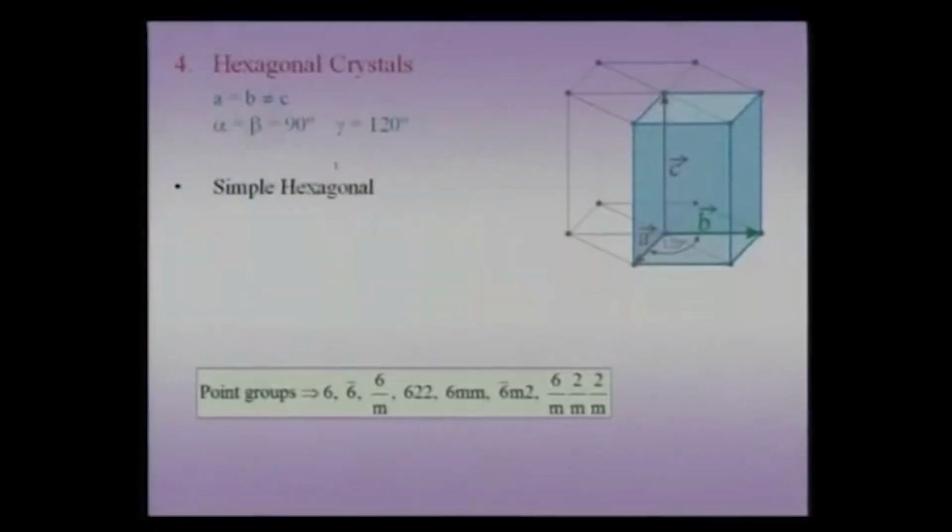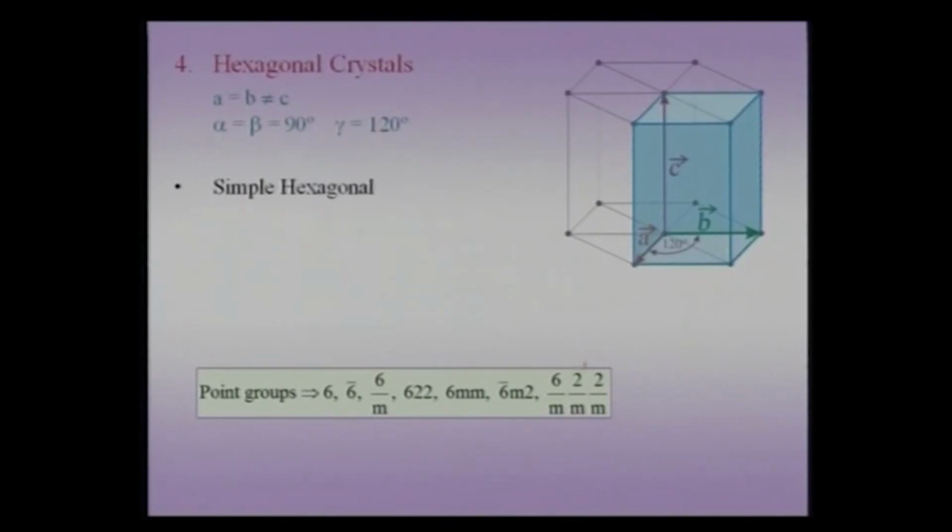We have already seen the lattice parameters: c is not equal to a, which is equal to b, and alpha and beta are both 90 degrees and gamma is equal to 120 degrees. So, this is the preferred choice of unit cell for the hexagonal crystals.